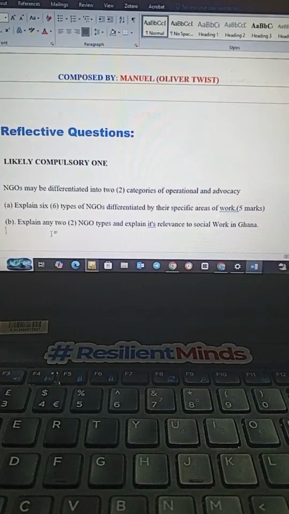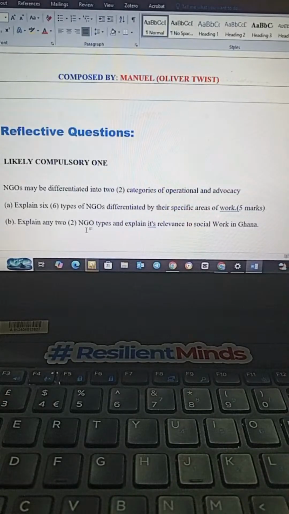Then you take any two of your choice of the types and just write about them. The way I used Reverend and Ringo to explain it, do it that same way when you are explaining a question like that. You can take Ringo, you can take Gongo, any of them, then you just explain it. That is very simple.